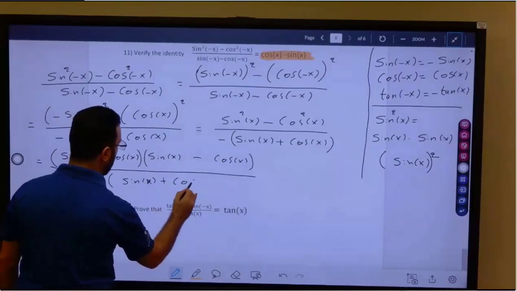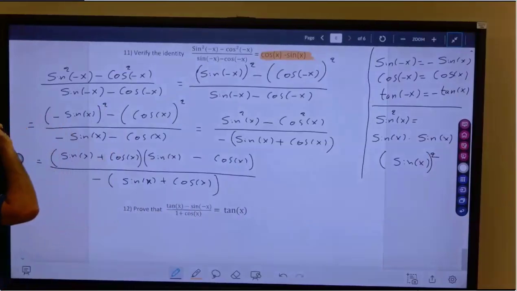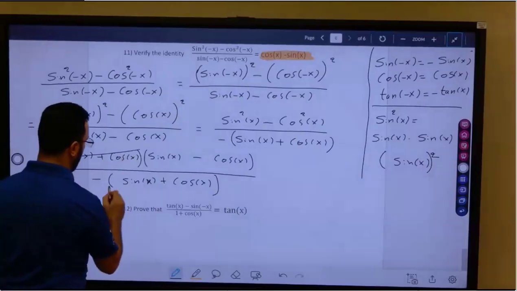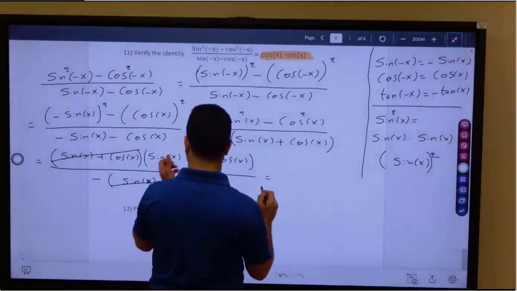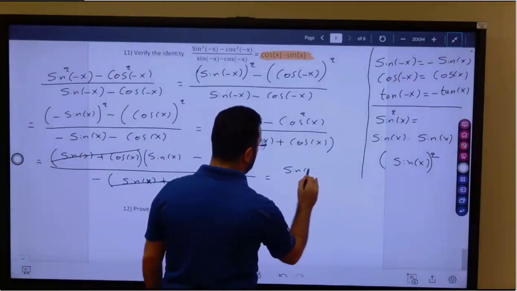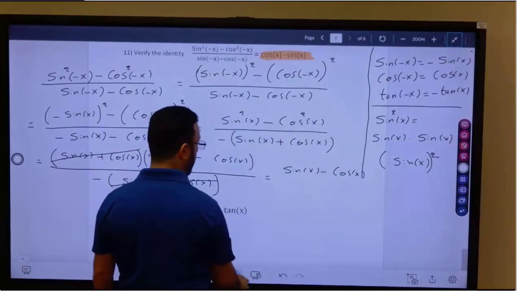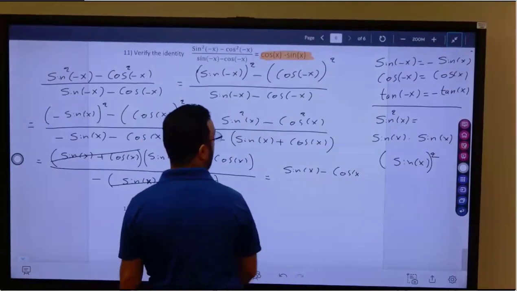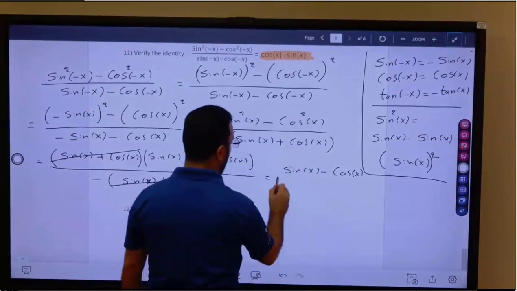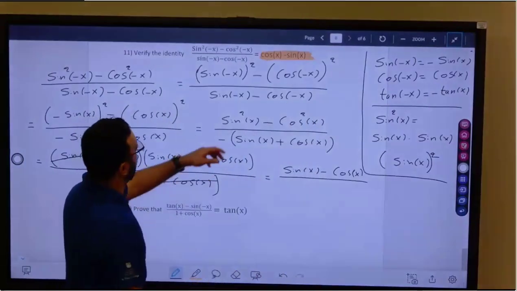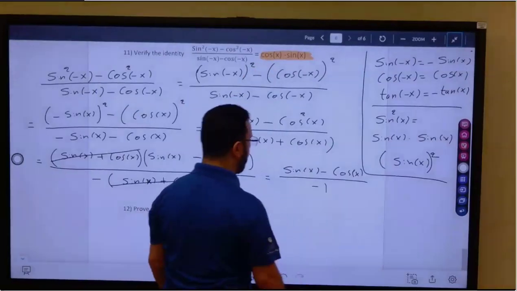plus cosine x. So now here's the difference. We can cancel this one, everything here. Now look what's left here. On the top, what's left is sine x minus cosine x. The one that we get here, we have negative sine, positive cosine, but don't forget there's negative 1 here.